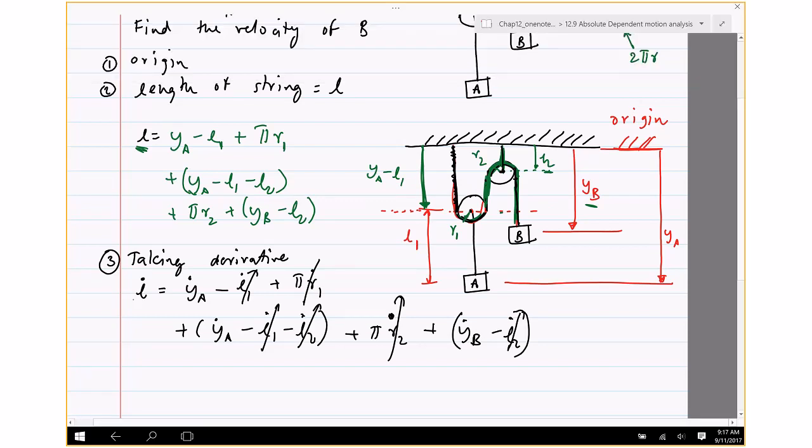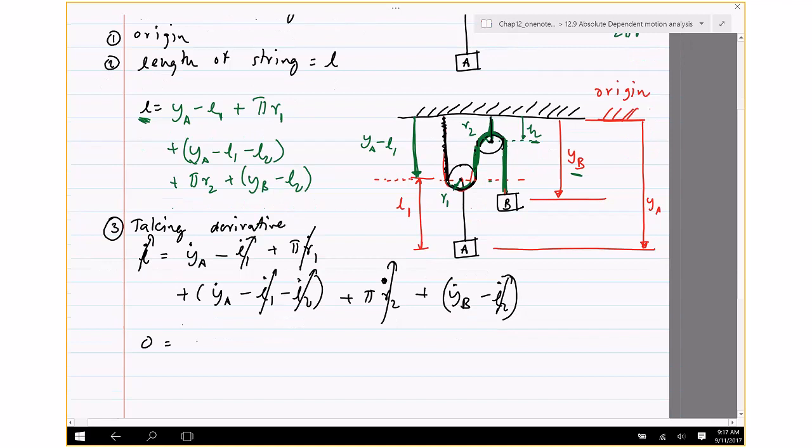Also, the length of the string, which goes over two pulleys, will not change with time because the string is inextensible. In general, in such problems, all the string lengths are going to be inextensible. So this is 0. So we're left with 0 equals ya dot here and ya dot over here, so it's going to be 2 ya dot plus yb dot.